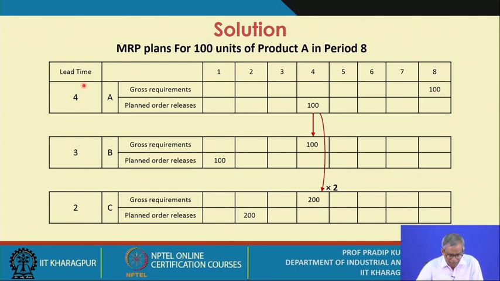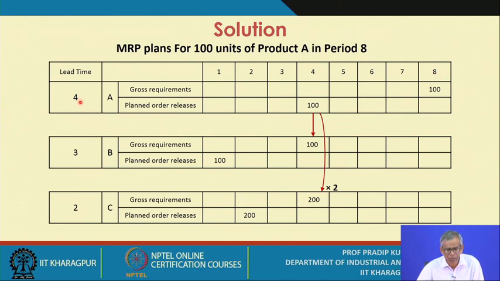Now what is your lead time? That means the planned order releases. Just 4 weeks before the eighth week, you need to release the orders. So the time unit is week, this is the 8th week and this is the 4th week.